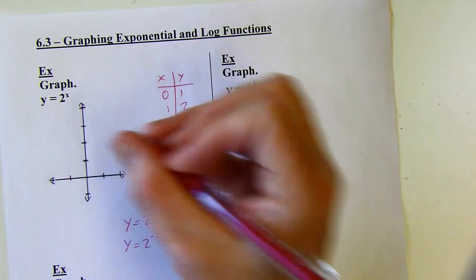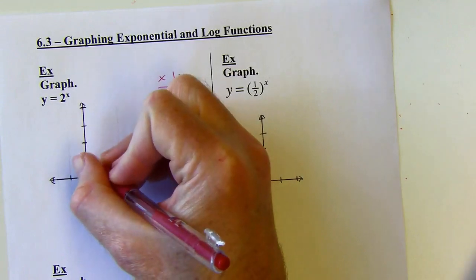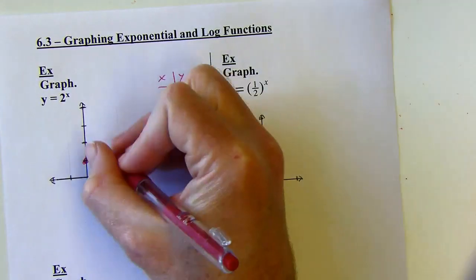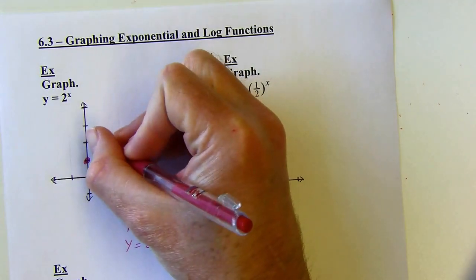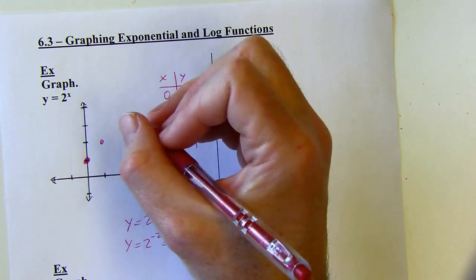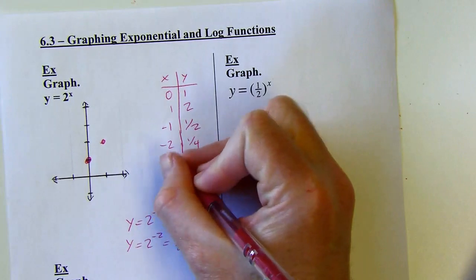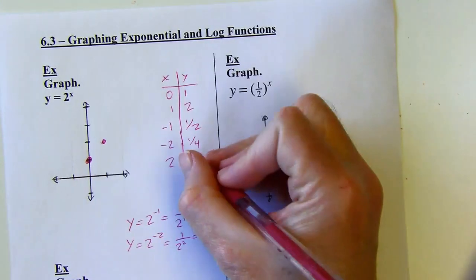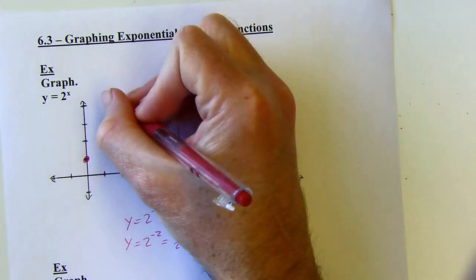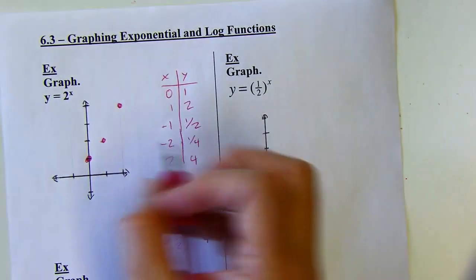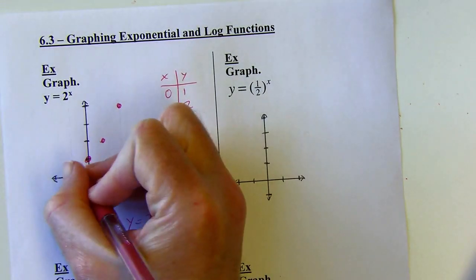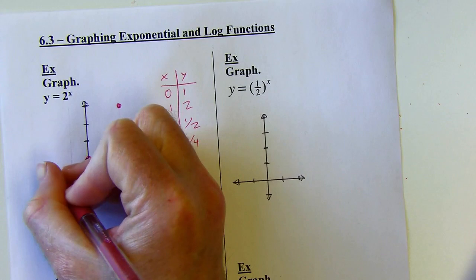We did this in another section already. I've got 0, 1, 1, 2, and let's put in 2 as well. That would be 4, right? So 2, 4 is on this graph as well. Then I've got negative 1, 1/2, and negative 2, 1/4.